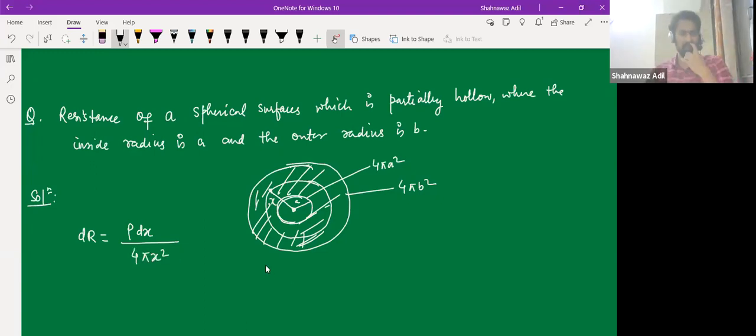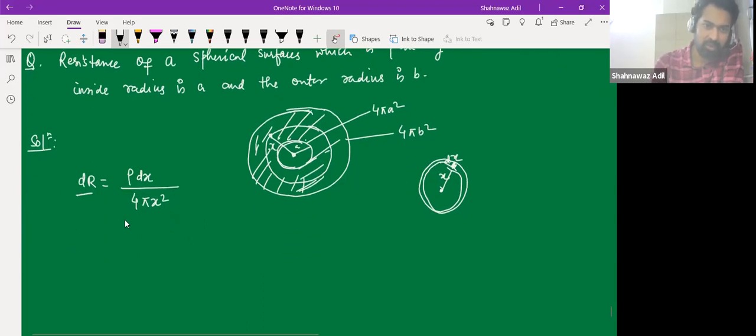Is this part clear, guys? We have assumed a strip whose radius is x and whose length is a small distance dx. We are calculating the resistance between these surfaces. That would be the small resistance, and then we will integrate from here to here.